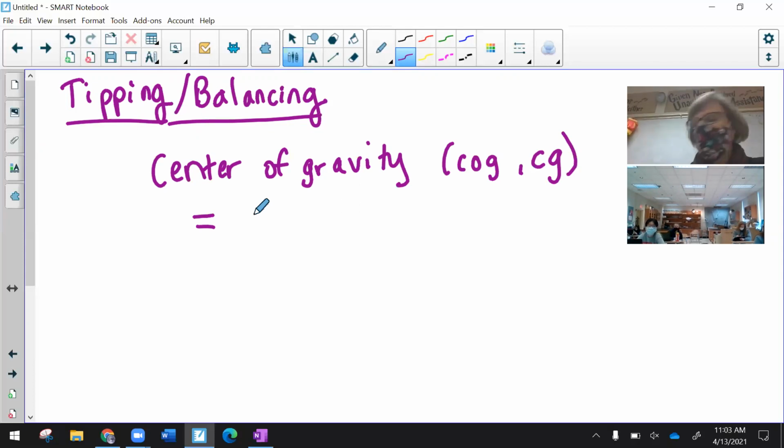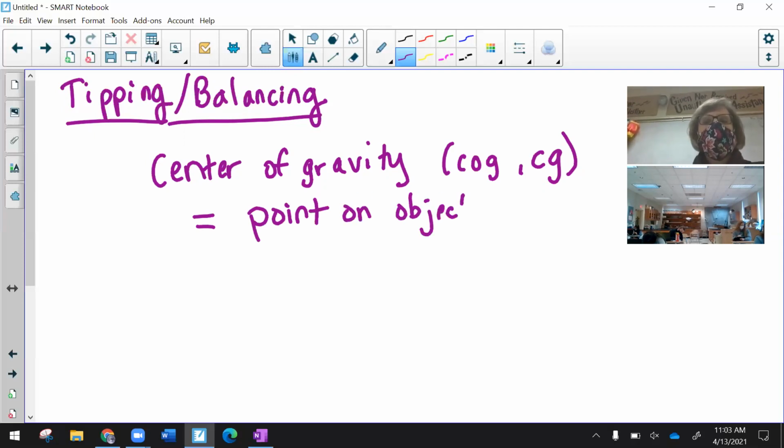The center of gravity is the point on the object where FG acts.